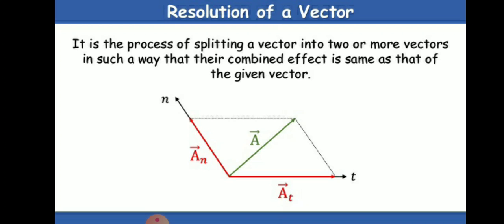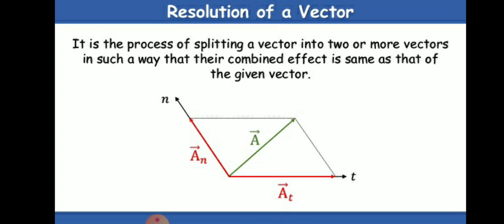Now let us see the resolution of a vector. It is the process of splitting a vector into two or more vectors in such a way that their combined effect is the same as that of the given vector. So what is the resolution of a vector? It is the process of splitting a vector into its components.